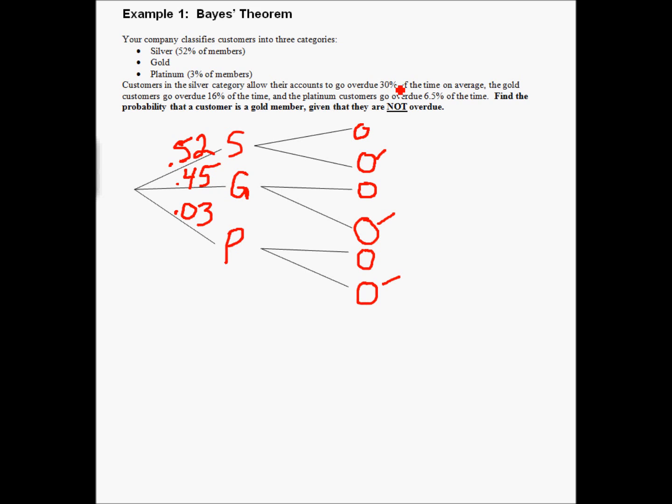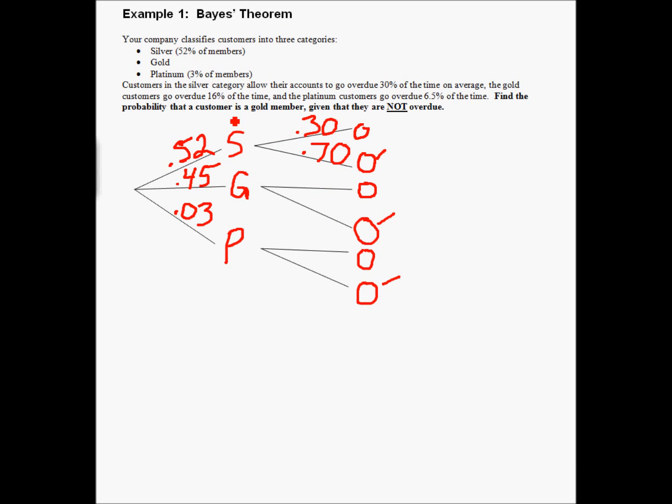Now let's talk about overdue and not overdue. For the silver members, it looks like 30% of them are overdue, so that would make this 0.30. And by the way, if that's 30% overdue, then what percentage of them would be not overdue? That would be 70%.